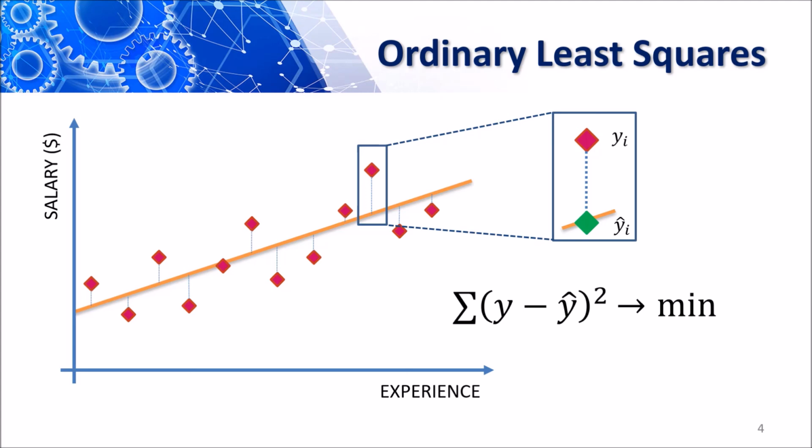It records that somewhere temporarily, and then it finds the minimum one, so it looks for the line which has the smallest sum of squares possible. That line will be the best fitting line, and that is called the ordinary least squares method.